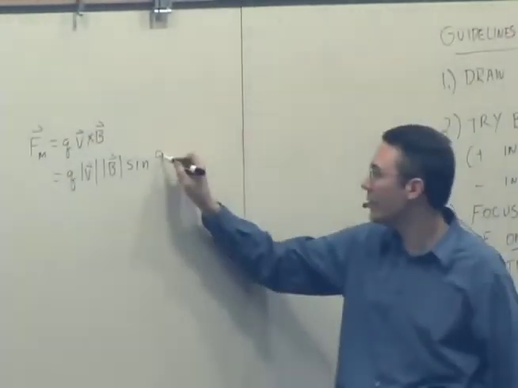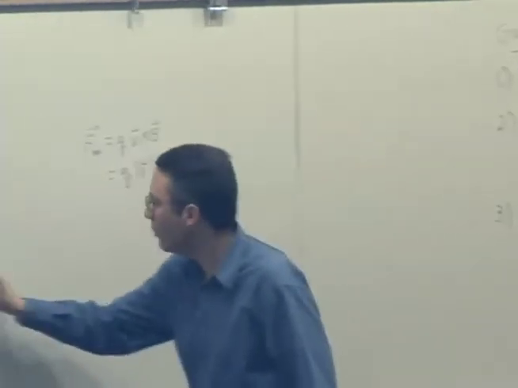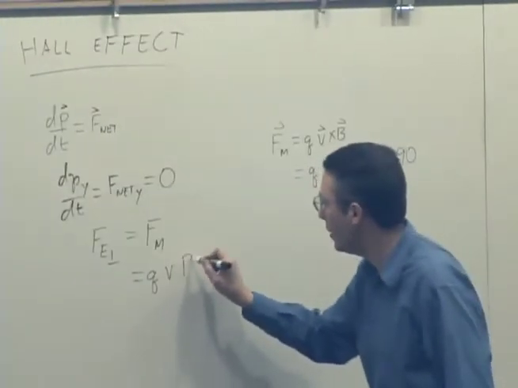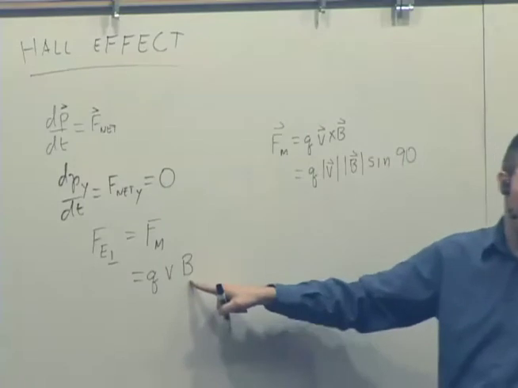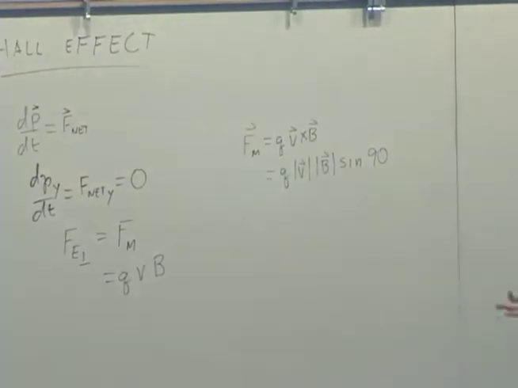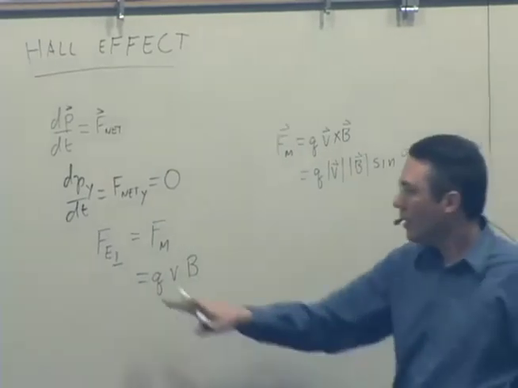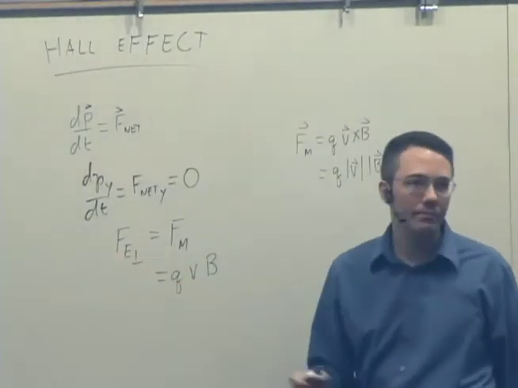Sine of 90 is 1. So we end up with Q times V times B. We're getting closer because we now have a B in this equation, which should have some relationship to the magnetic dipole moment. What's the electric force?